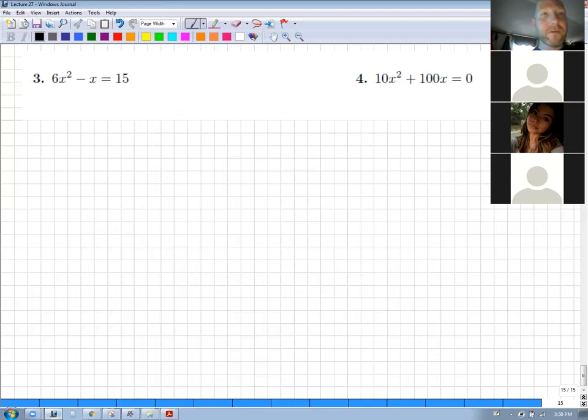Okay, let's see. This one, we need to get everything to one side of the equation. I don't know if I can eyeball this one or not. It's hard when we have an a here. So we had a trick for doing this. What was it? What do we look at? We look at a times c.